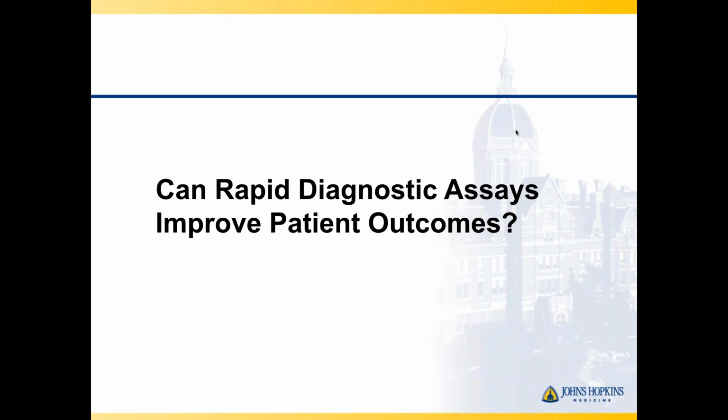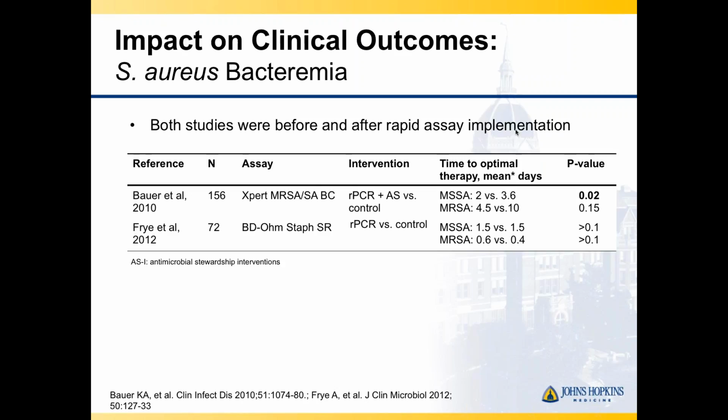So can those rapid diagnostic assays improve patient outcomes? I'm going to talk about a different organism and discuss several selected studies. Here are 2 studies that evaluated the clinical impact of rapid PCR on patients who had Staph aureus bacteremia. Both were before and after implementation of rapid diagnostic assays.